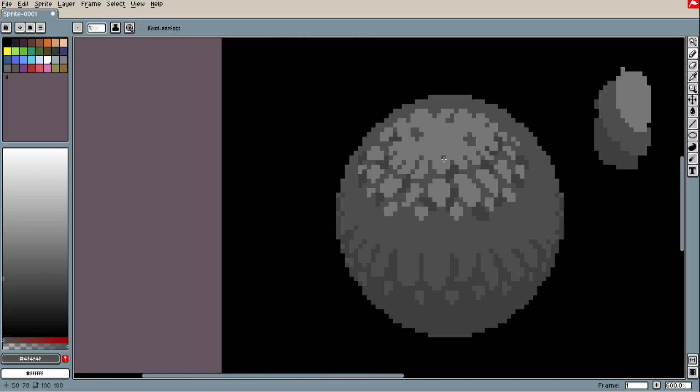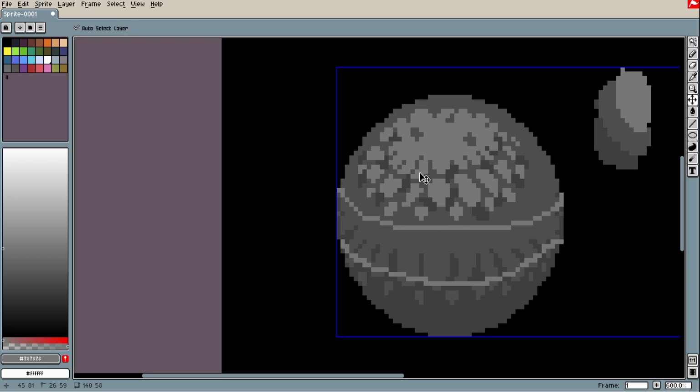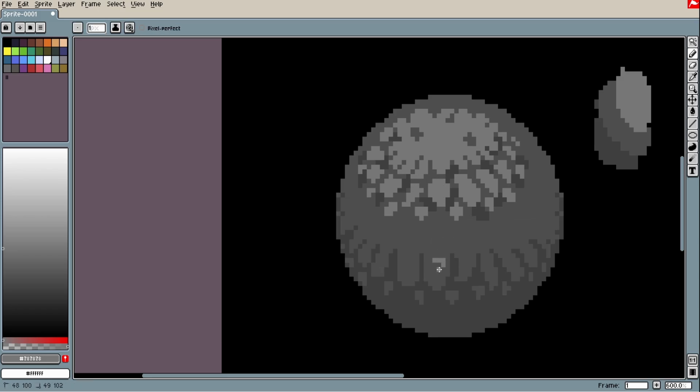And as well add bright clusters in this area that is not below the terminator, because that is where the light does not reach. But in this case, the light is coming from above, so there will be areas that are highlighted down here as well.